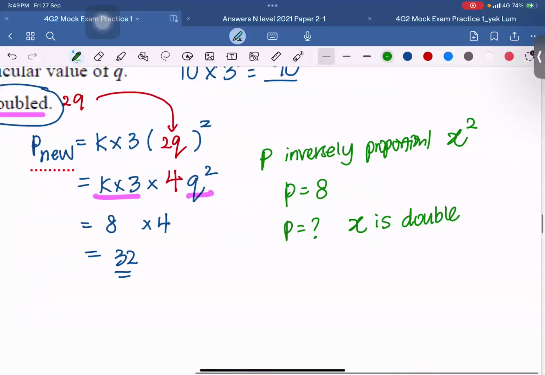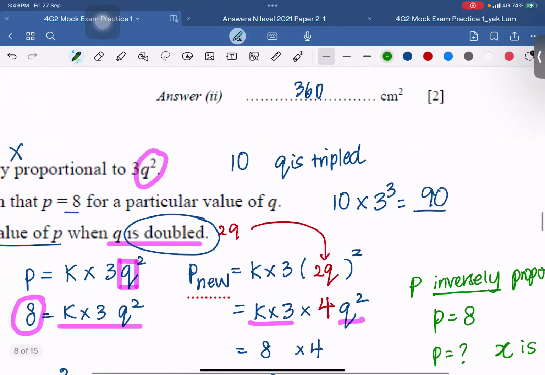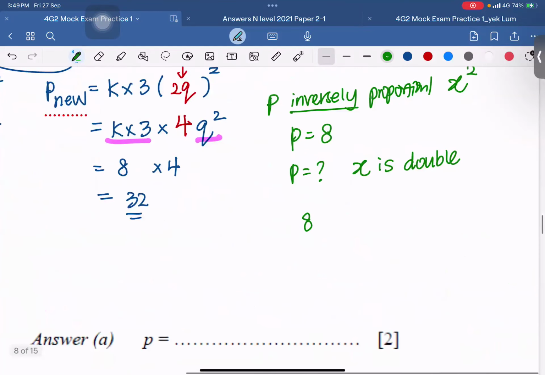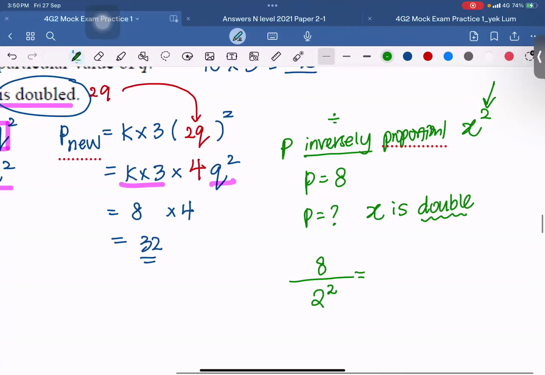How do I do this question? What I can do, I take 8. Directly proportional, I times. Inversely proportional, I divide. X is doubled, so I divide by 2 times. And there is a power here, square, divide by 2 squared. You get your answer.